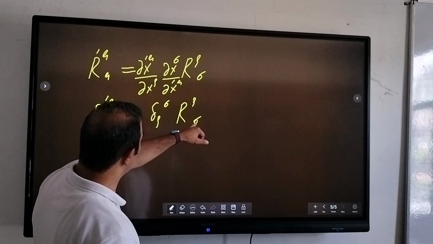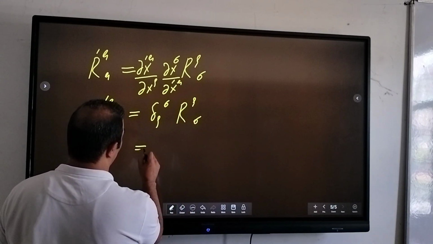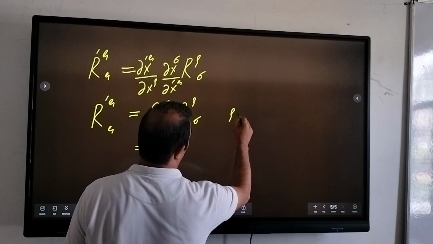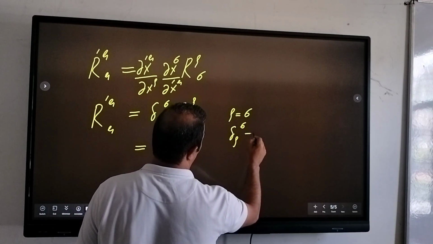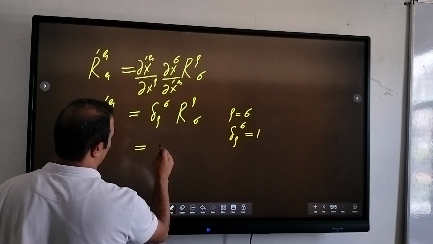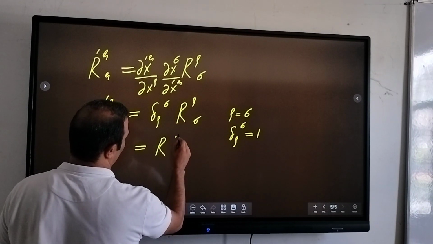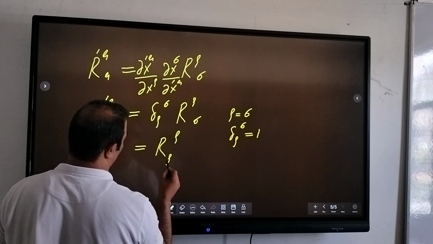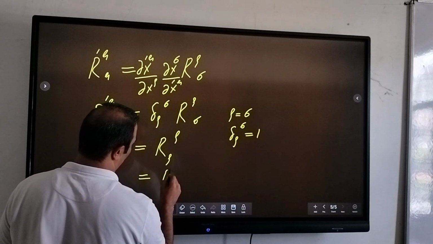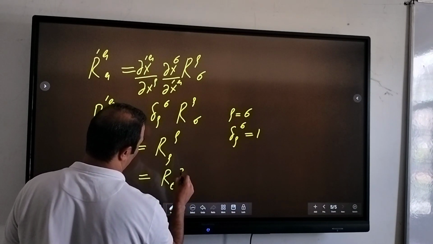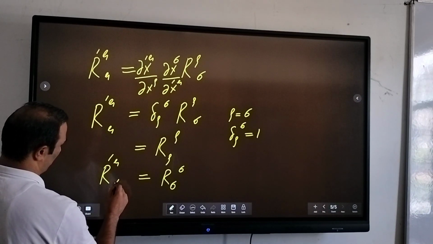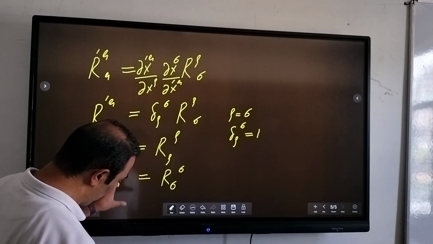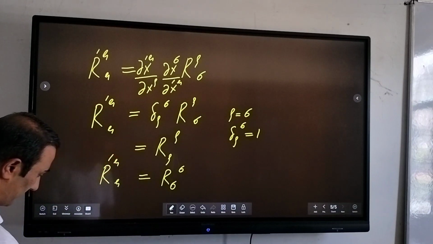So when rho equals sigma, you should get that, because if you put rho equal to sigma, this delta of rho sigma should be equal to 1, right? Or this is further equal to R of sigma, right? Okay, so that means this is a pure scalar number, right?